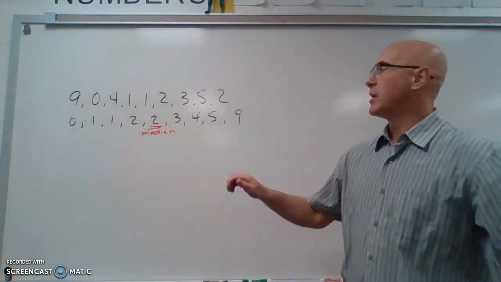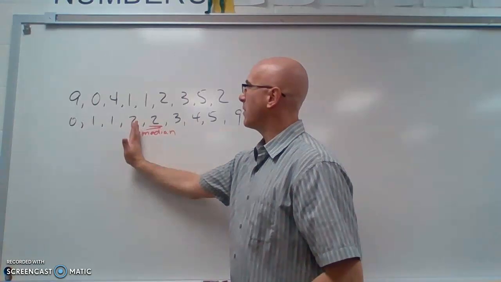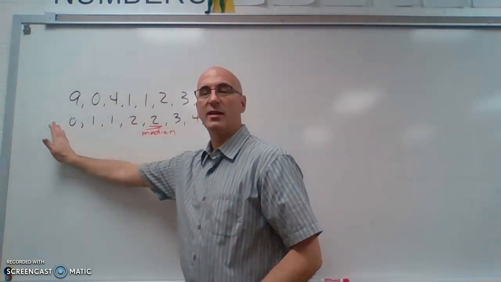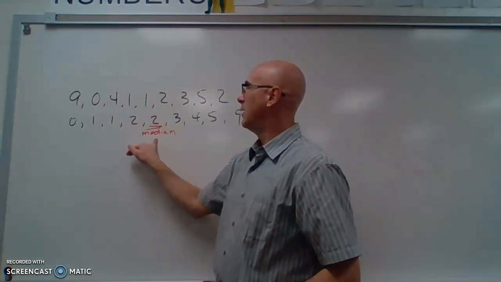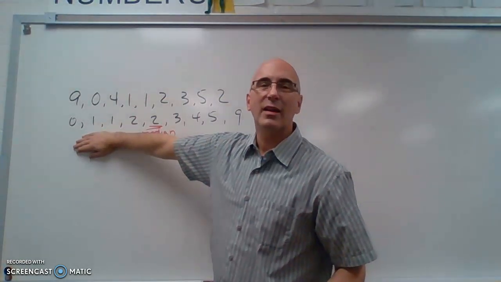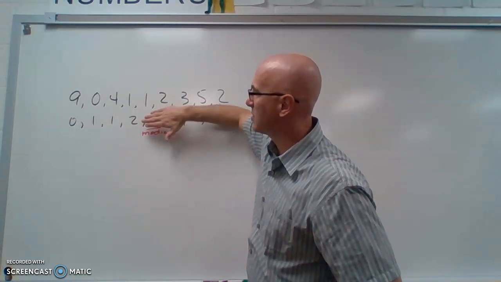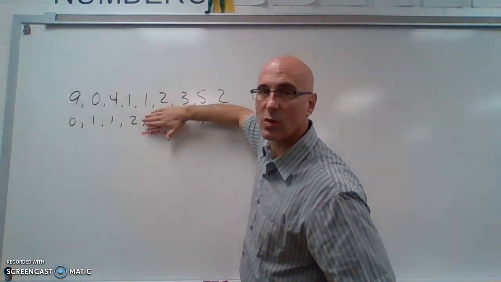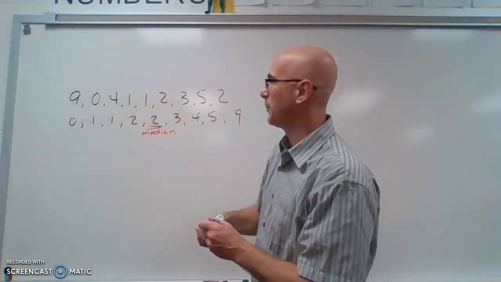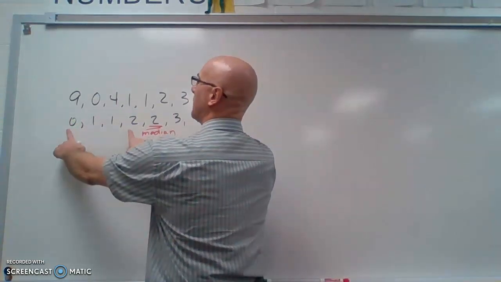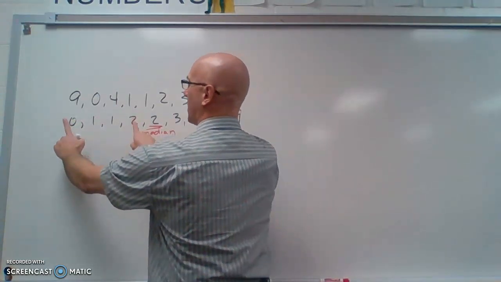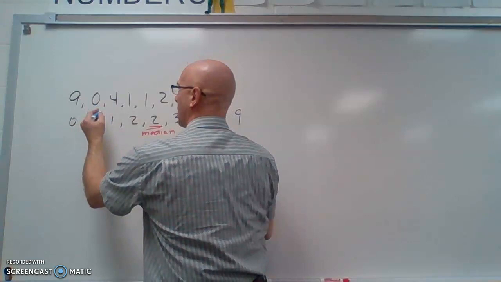Now what we will do is look at everything less than the median, and find the median of that group. So we're going to exclude all of this. We're left with 0, 1, 1, and 2. We find the median or middle value. So we start here, we move in.